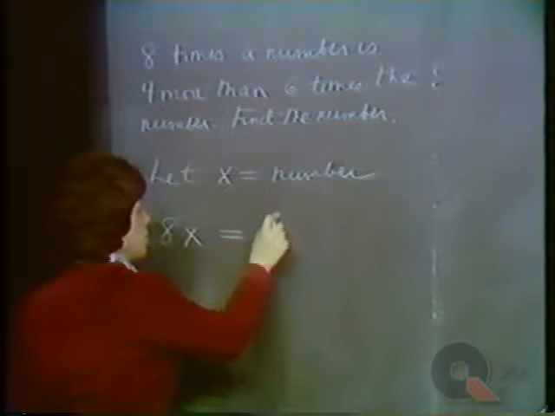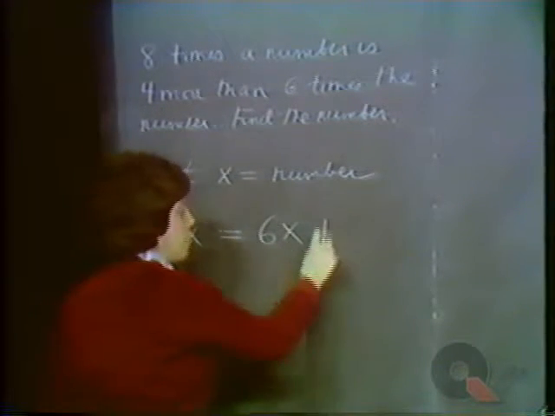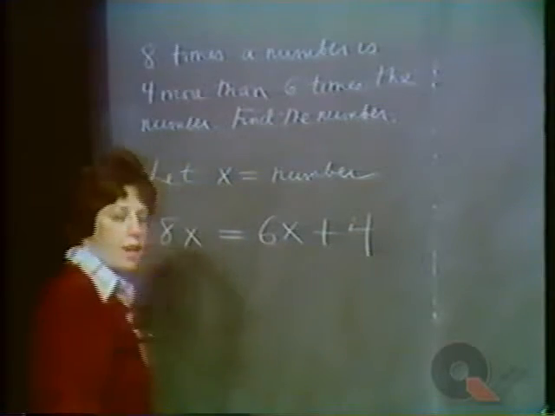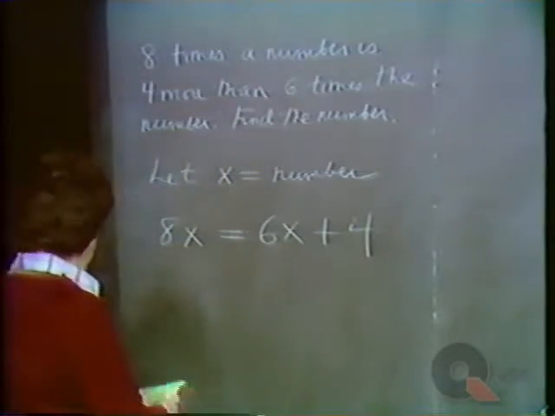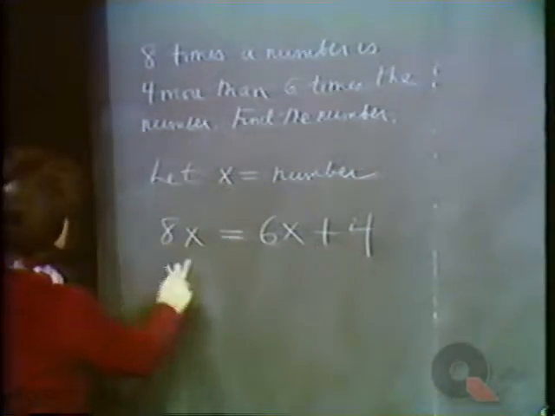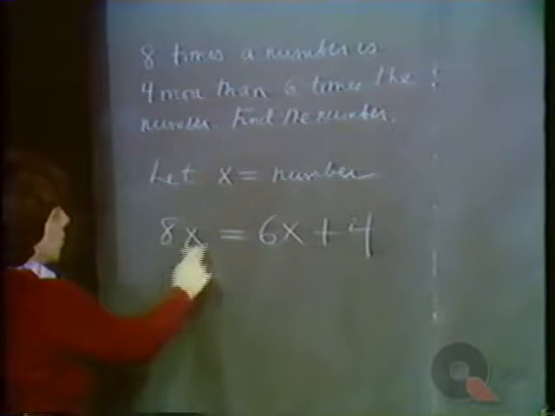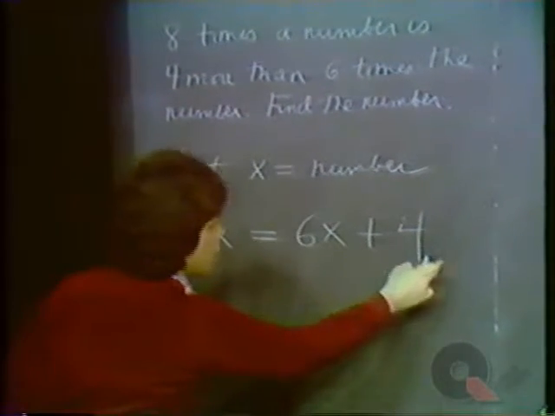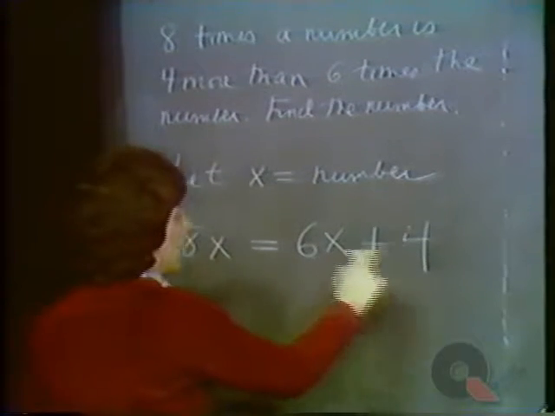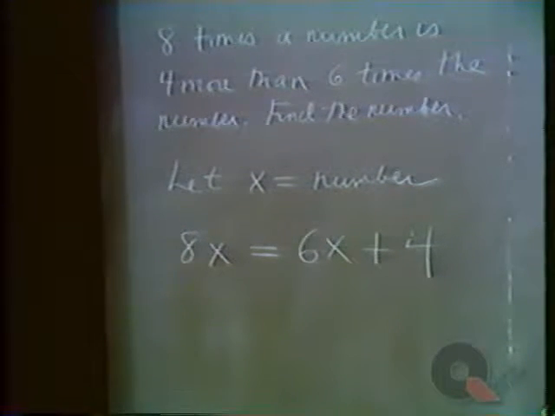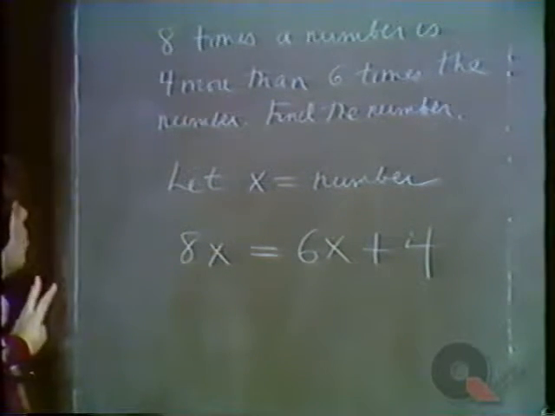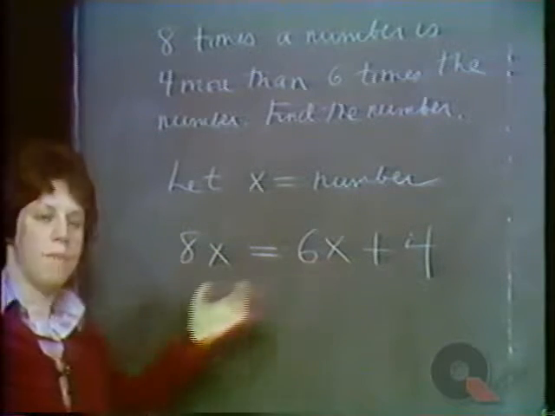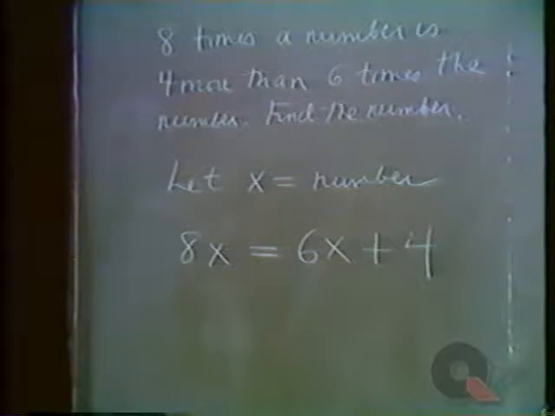Well, 6 times the number would be 6x, and 4 more than that, we'd have 6x plus 4. Now let's try it again. Let's see if it makes sense. 8 times a number equals 4 more than 6 times the number. So we have succeeded in translating this word problem into a mathematical equation, into a first-degree equation.